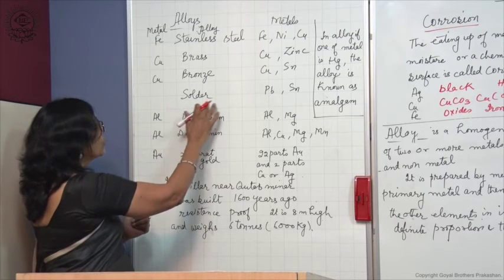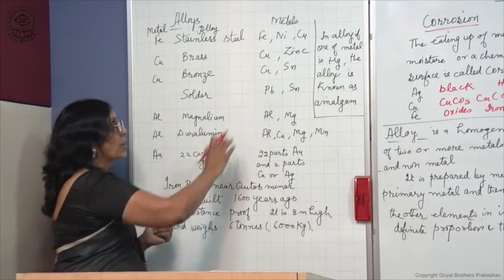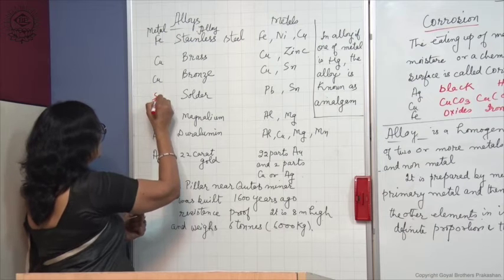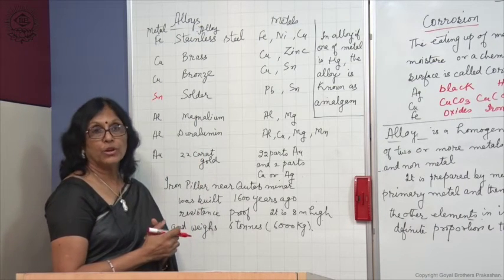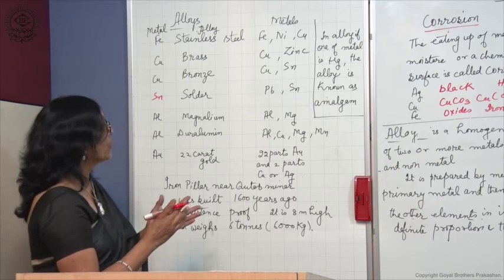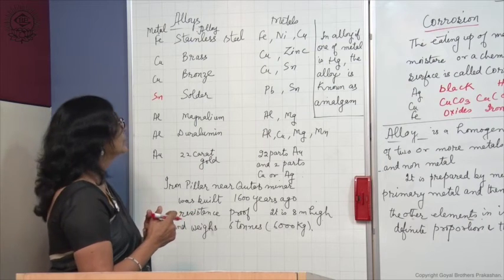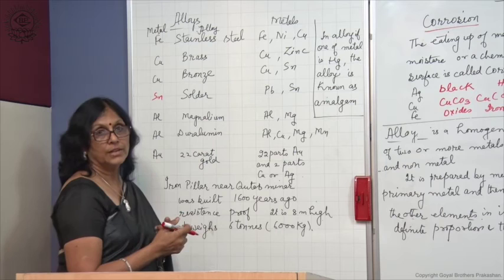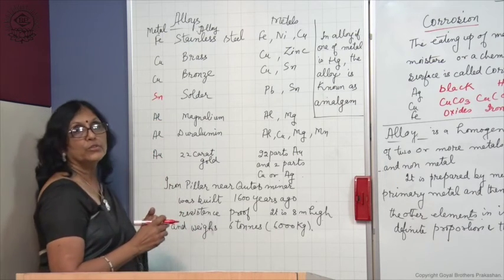Another alloy is solder. Solder is an alloy of lead and tin. The melting point of this alloy is low and it is used for soldering purposes in electric circuits, because this alloy melts easily at low temperature. All of you know aluminium is a very soft metal.